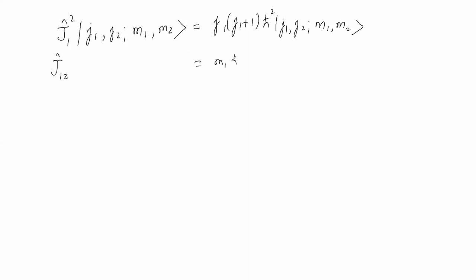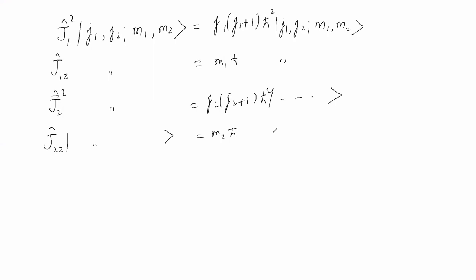J1Z will give us M1 ħ. J2 square will give us J2(J2 plus 1) ħ square. And J2Z will give us M2 ħ times this joint eigenstate. And these joint eigenstates form a complete and orthonormal basis. They are orthogonalized and they have been properly normalized.